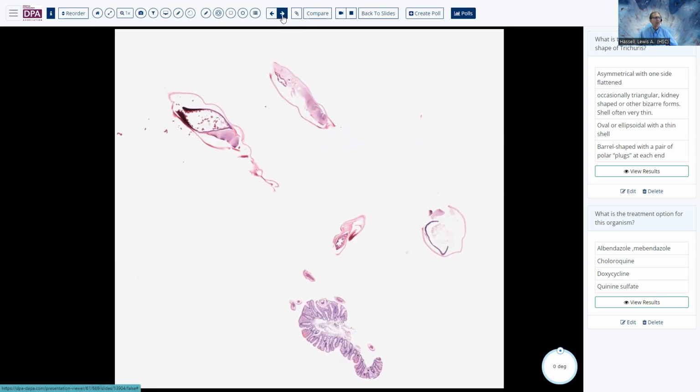Okay, other parasites that you might encounter: strongyloides, amoebae. These are also organisms that can affect the bowel. Of course, tapeworms. We usually don't see those in histologic sections, and then Giardia.